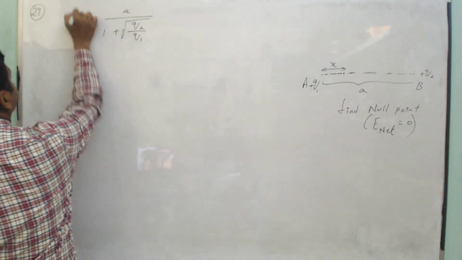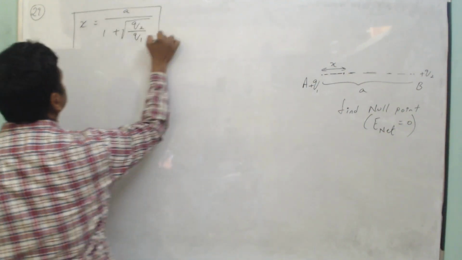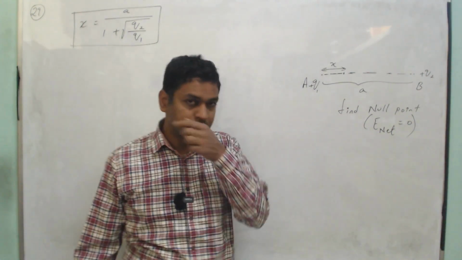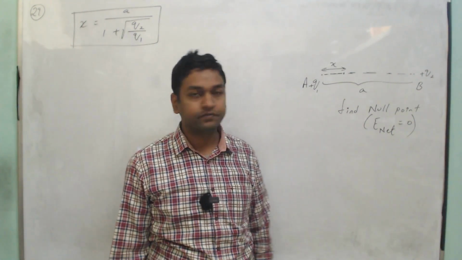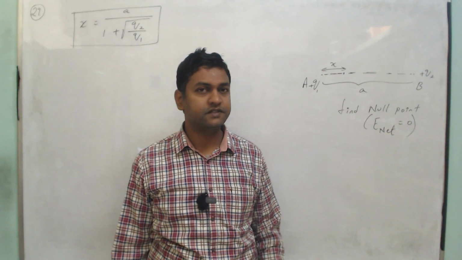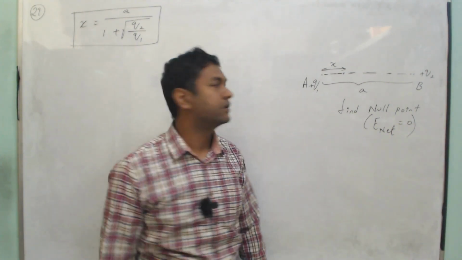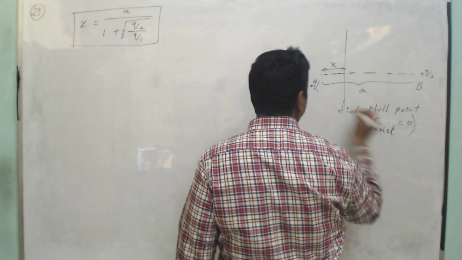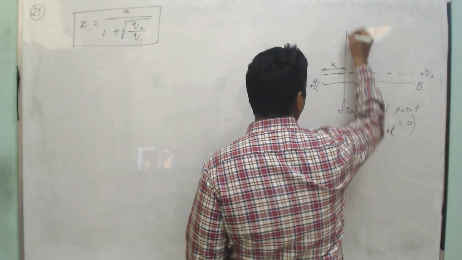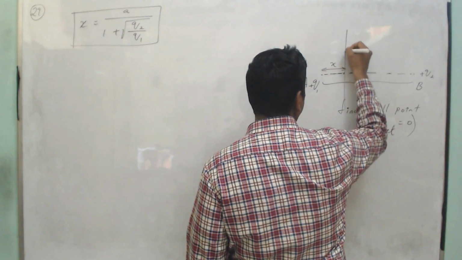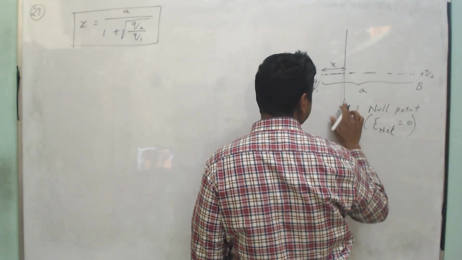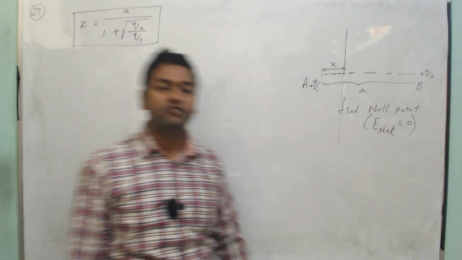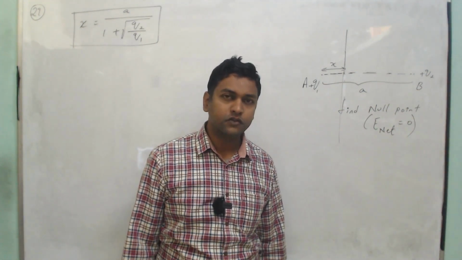We have already derived this in our previous lectures. So this is just the null point. Let me draw a line perpendicular to the line joining the charges and passing through the null point, just for fun.